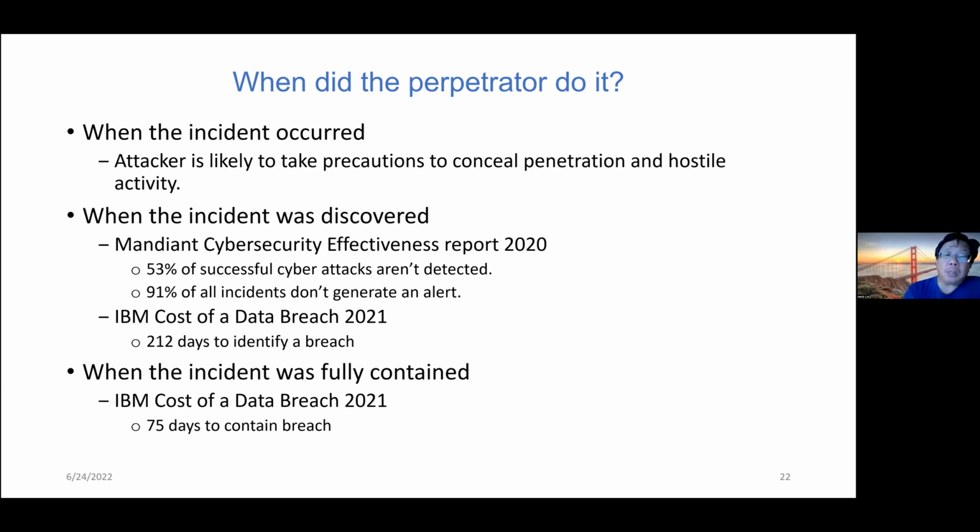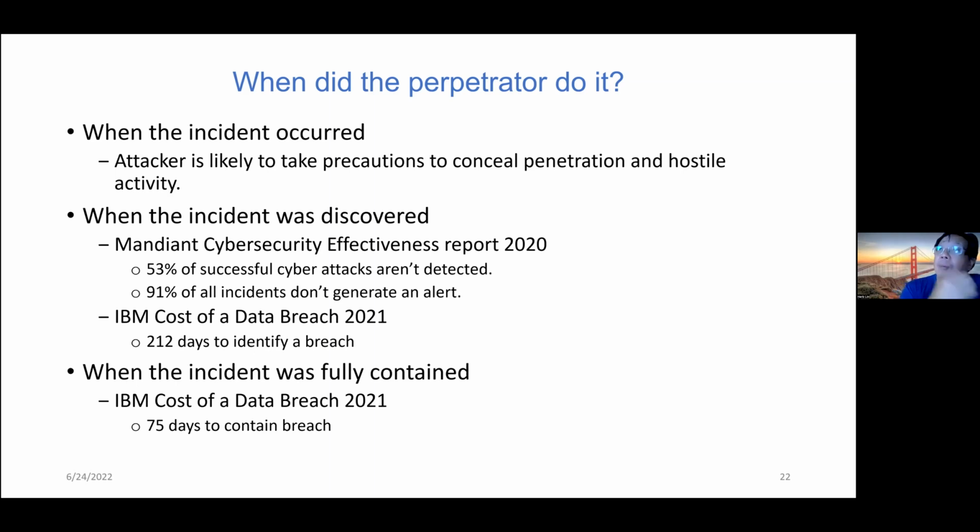In 2021, IBM found that it took on average 212 days to identify that a breach had occurred. Mandiant has found that 90% of all incidents don't generate any alerts, and 53% of successful attacks aren't detected at all. These are not encouraging figures.